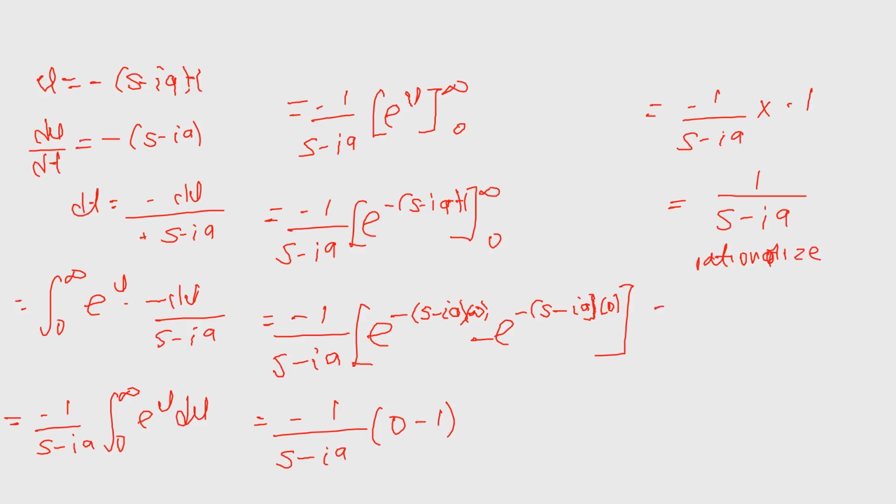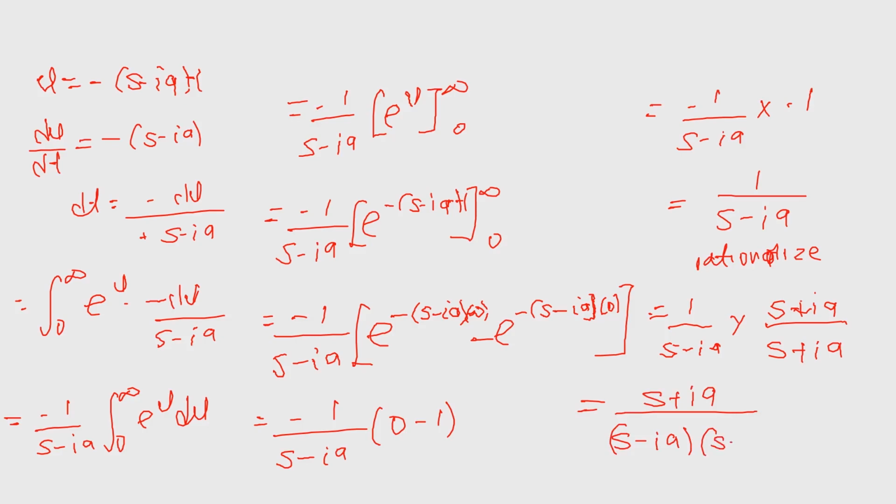You're going to have 1 over s minus ia multiplied by s plus ia over s plus ia. Okay, so which is going to be s plus ia over s minus ia, then into s plus ia, close the bracket.